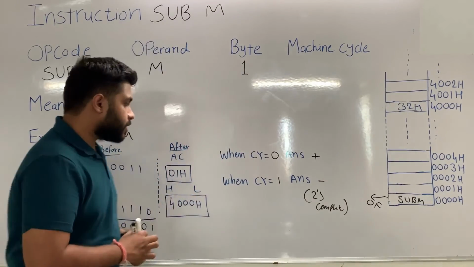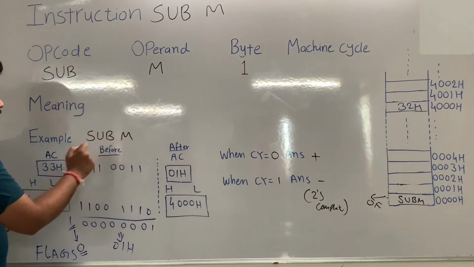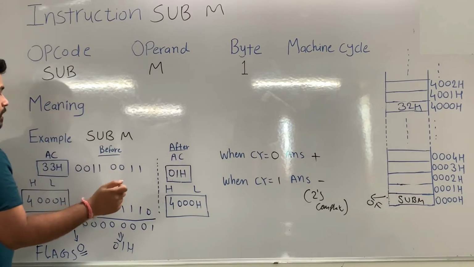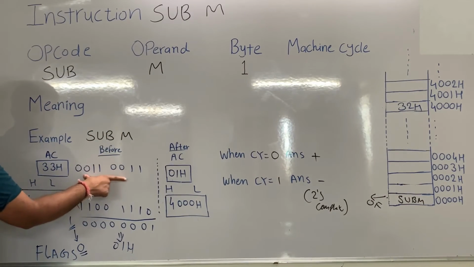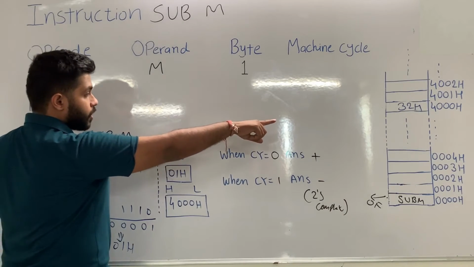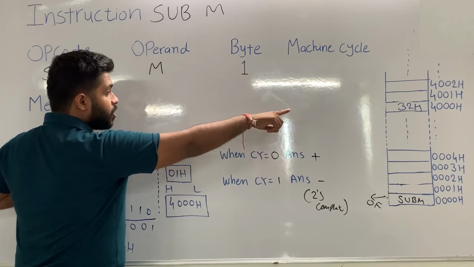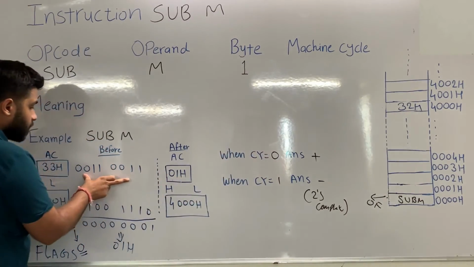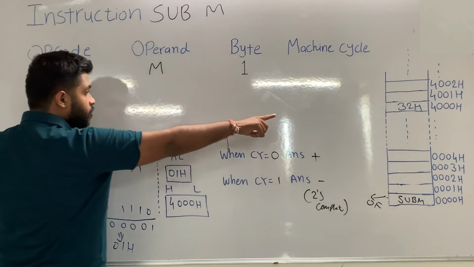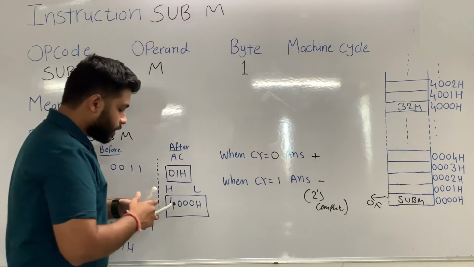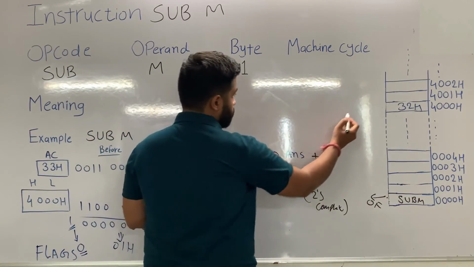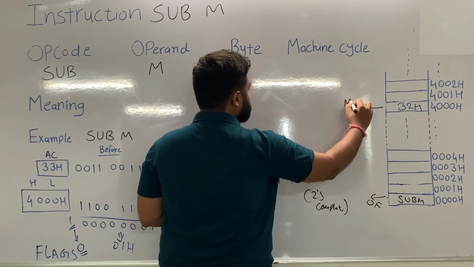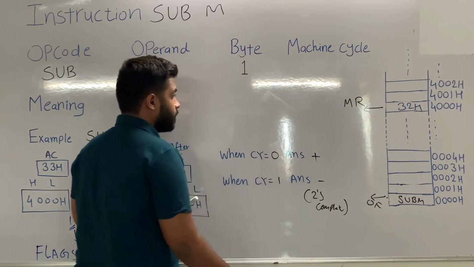Now let's pay attention to the execution. In the execution, the subtraction is being done between the accumulator and the content of the memory location. The content of the memory location is not yet read by the microprocessor. To perform the subtraction, the processor has to transfer that data to the microprocessor, and to transfer it, the processor will perform the machine cycle memory read.